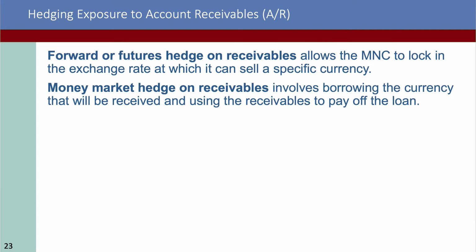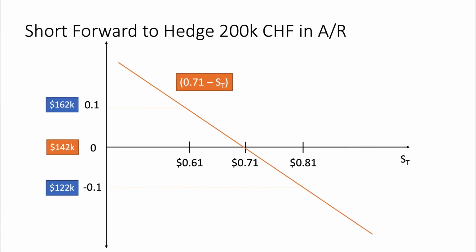Money market hedging, on the other hand, involves borrowing the currency that you will receive, usually in foreign currency, and using that receivable to pay off that loan. So let's do this one by one. The first one is the short position. You sell in advance, in other words.